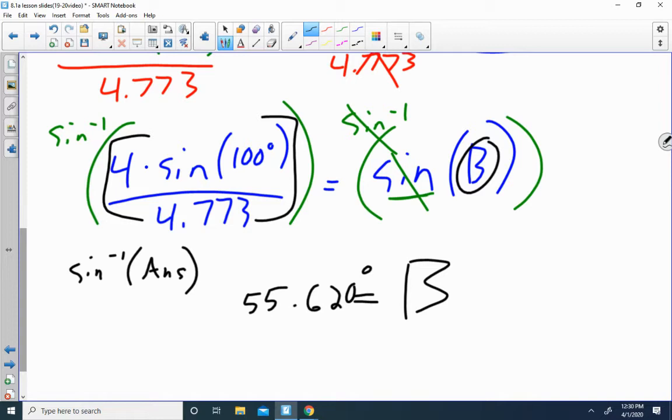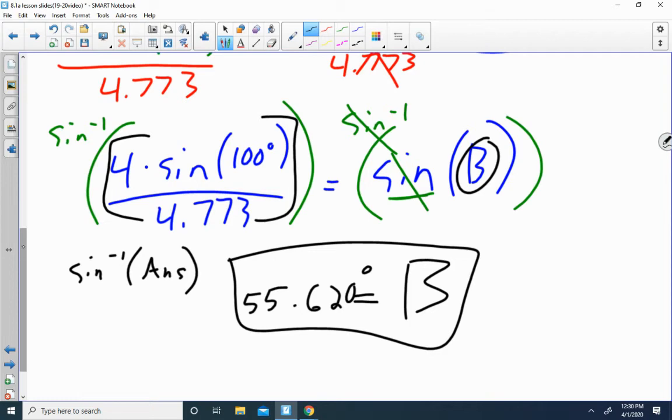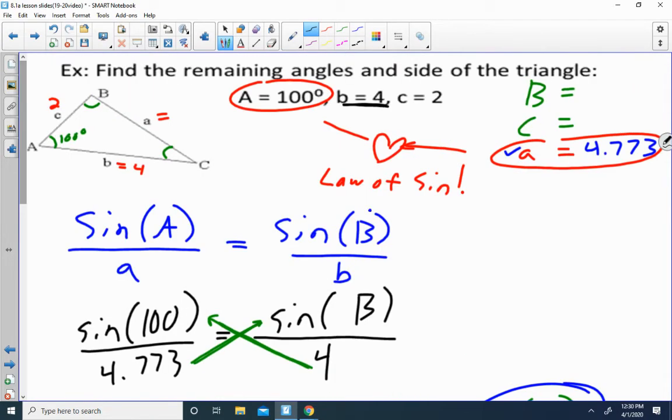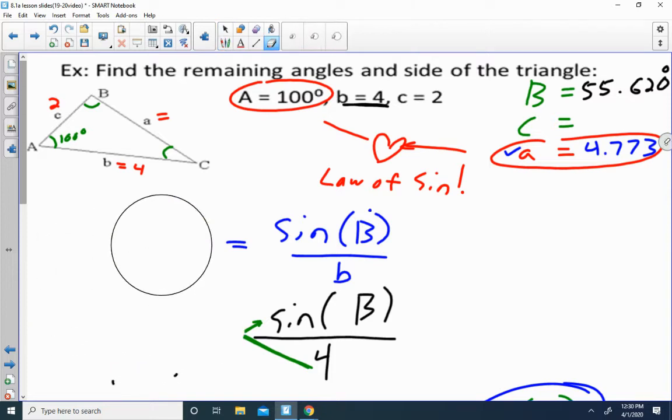Rounding to 3 decimal places, but you don't have to put that 0 at the end if you don't want to. I'm just going to do it out of habit. So there you go. There's your big B, 55.620 degrees. Nice. Didn't have to use the law of cosines.